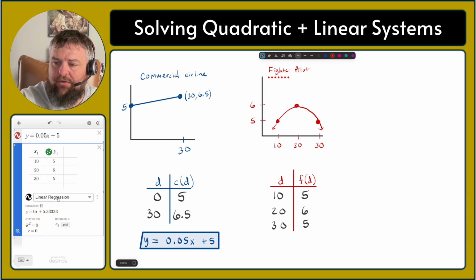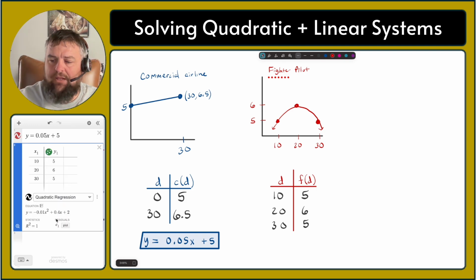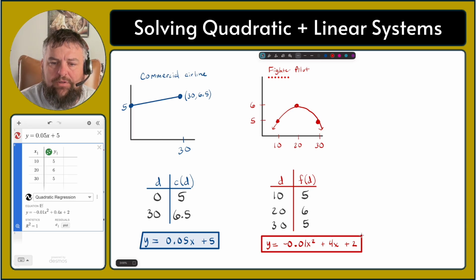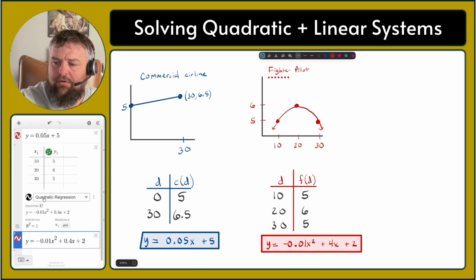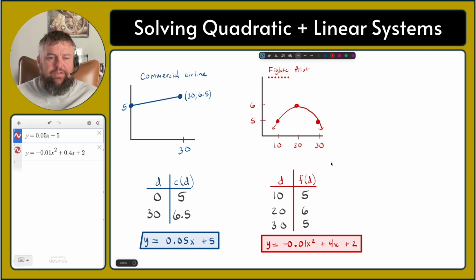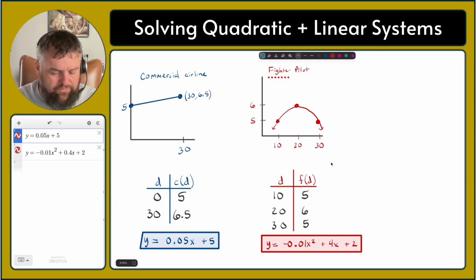So click the regression button, go to quadratic regression, and then we have our function of y equals negative 0.01x squared plus 0.4x plus 2. Okay, and we'll draw that box around it. So these are the two functions we're going to use. I'm going to copy that over into Desmos as well, and I'm going to get rid of my table. Okay, so the next part is we're going to find the intersections of those two functions.